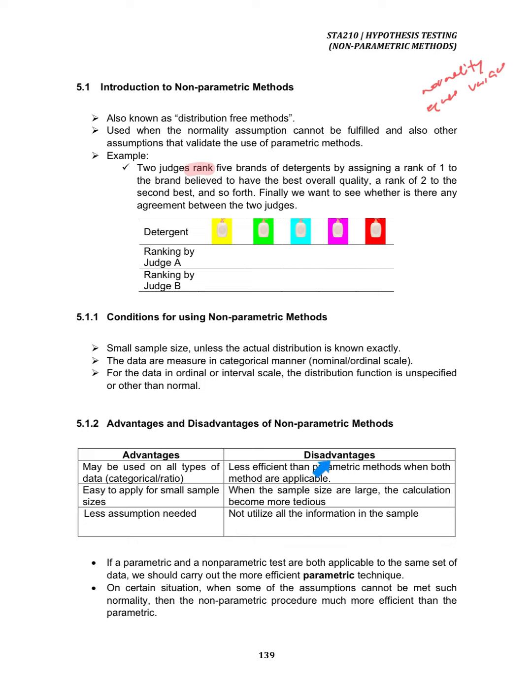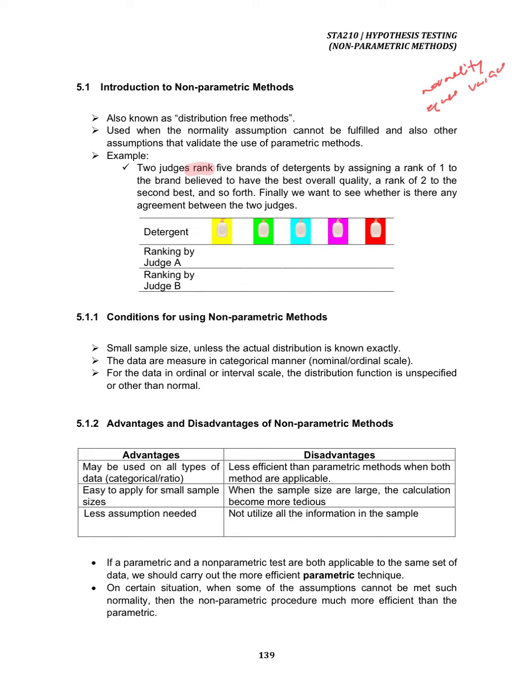In terms of the disadvantages, the non-parametric methods are less efficient compared to parametric methods, meaning that if we have a data set that can be analyzed with either the parametric or the non-parametric method, it is better for us to choose the parametric method.